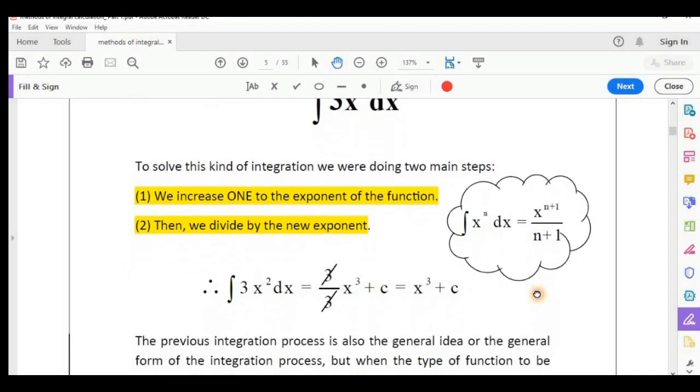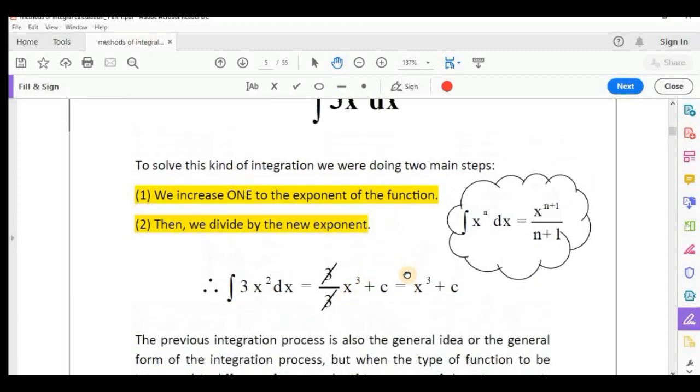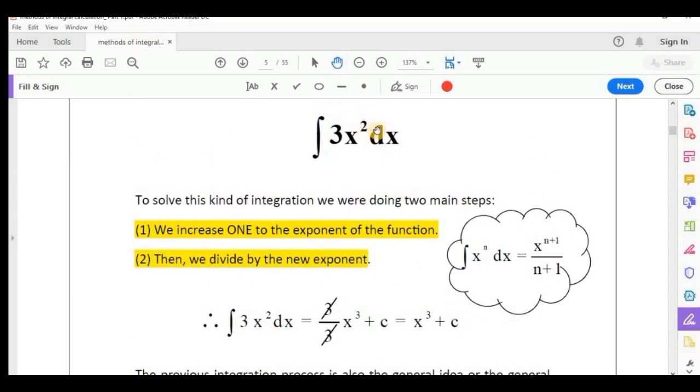So the solution will be: we increase the exponent by 1, so 2 plus 1 will be 3, and we divide by the new exponent, so it will be x to the power 3 over 3. After simplification, it will be x to the power 3 plus c for the constant.